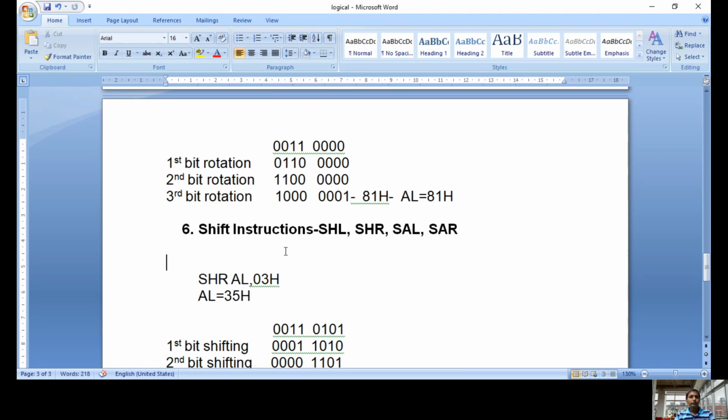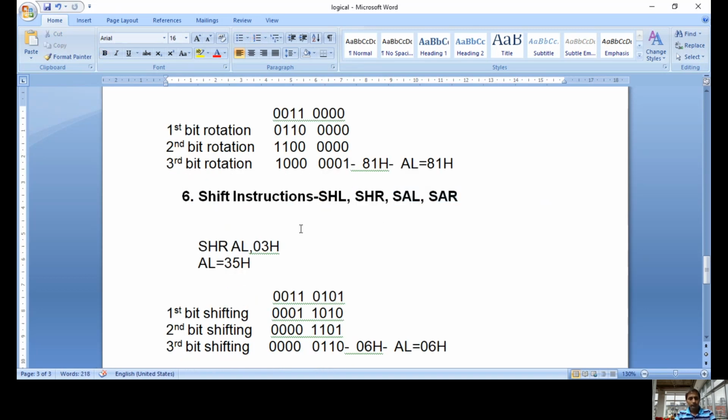Now the other instructions are shift instructions. Shift instruction means we are simply shifting the position. Here also we have 4 types: shift left, shifting to the left side, similarly shift right, shift left through carry, and shift right through carry. SAL and SAR relate to the carry, shifting to the left side and right side. Here also the syntax is the same.